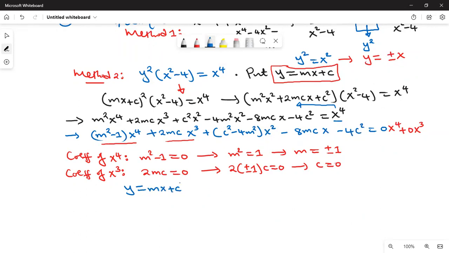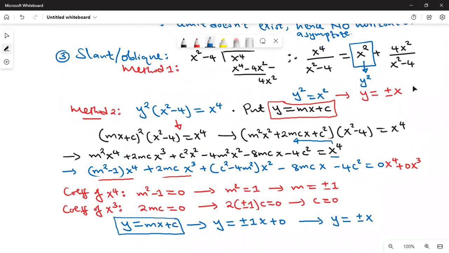When I substitute the value of m and c, I am going to get y is equal to plus or minus 1 times x plus c, which is 0, which can also be written as y is equal to plus or minus x.